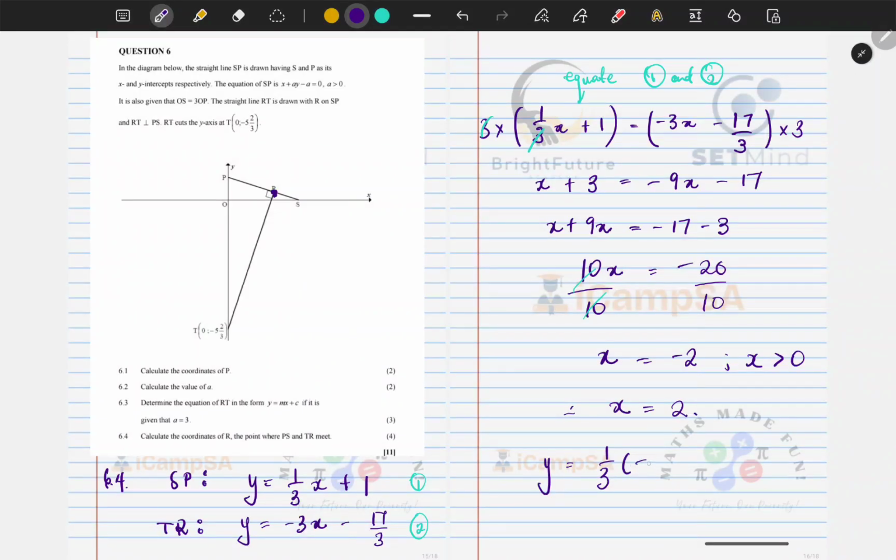So now we are going to substitute negative 2, right? No, we should substitute 2, plus 1. So our answer, if we do that, is going to be 1 over 3 times 2 plus 1. 1 over 3.